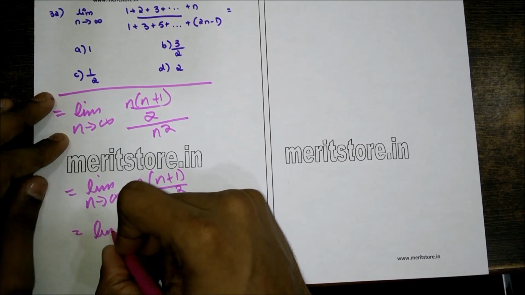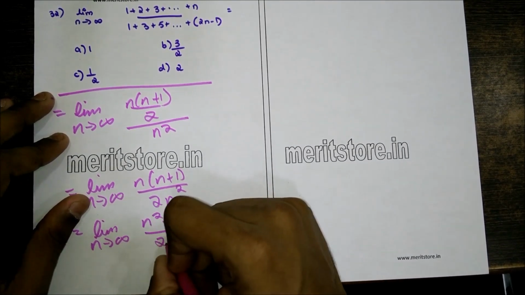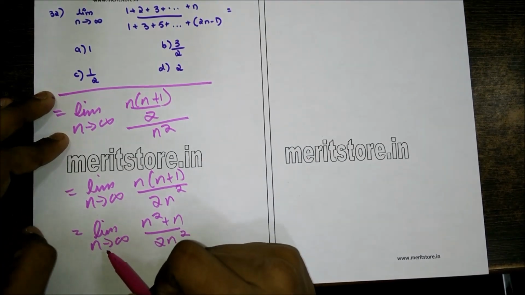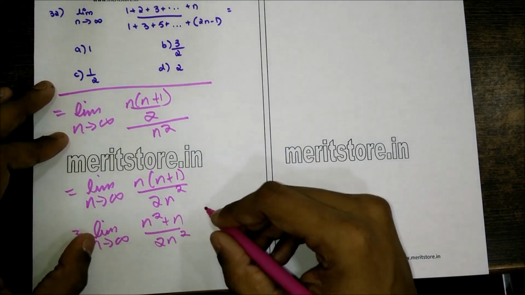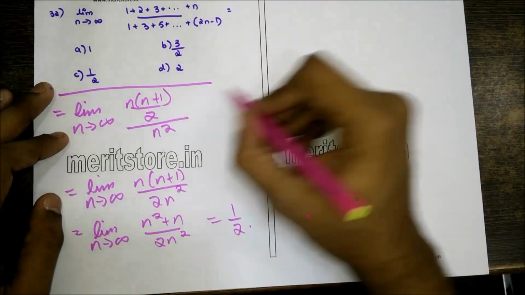Therefore we could write limit of n tends to infinity (n square plus n) upon 2n square. Now applying the limits of n tends to infinity, we get it as 1 by 2, which is option C.